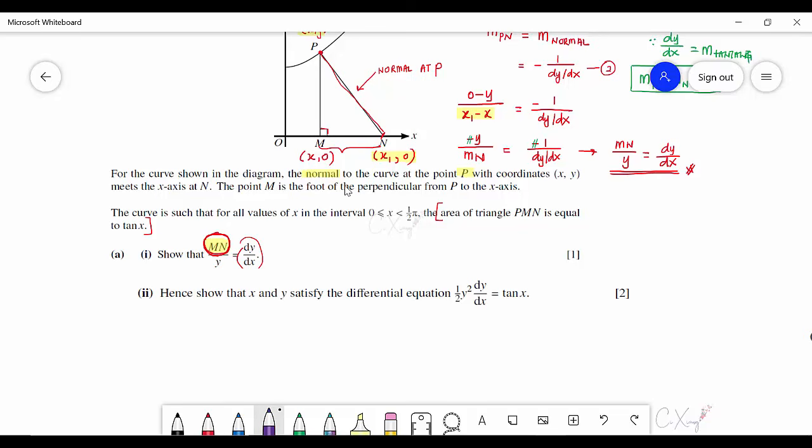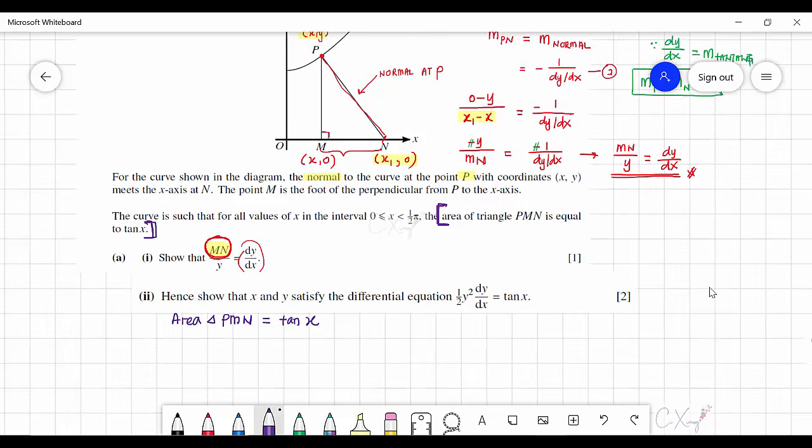To prove this second relation, you should link it with the second information given in the question. They are telling you that the area of triangle PMN is equal to tangent x. So maybe I can write it out first: the area of triangle PMN is equal to tangent x. This is very useful information for us to start with.